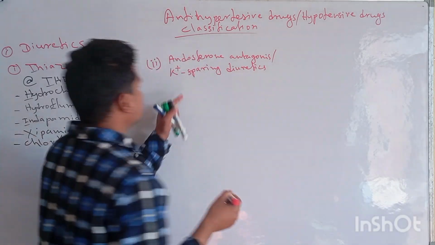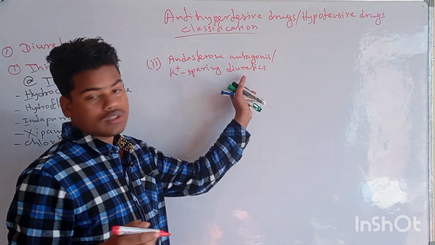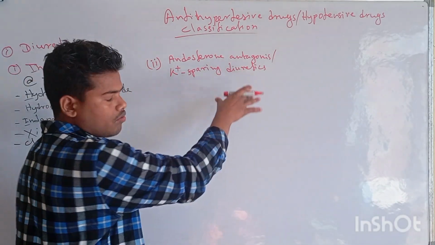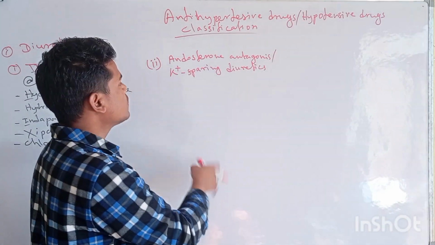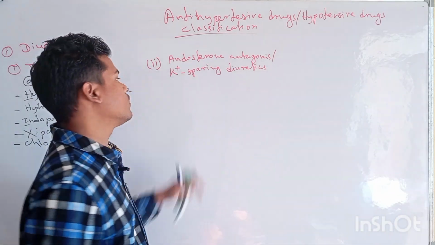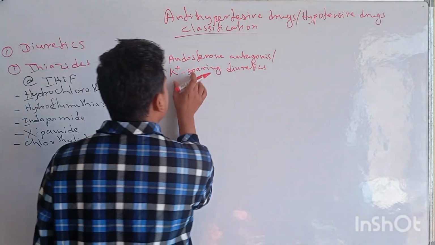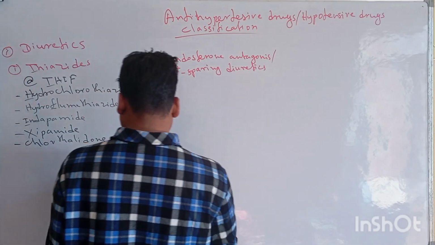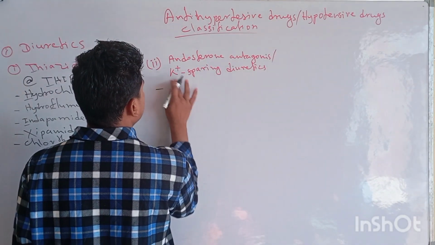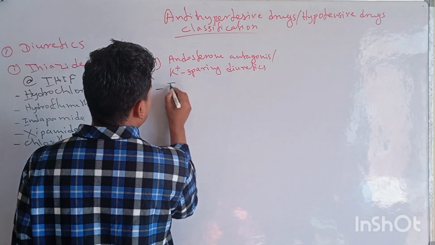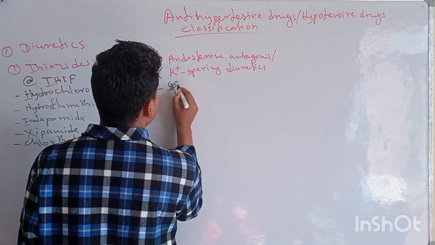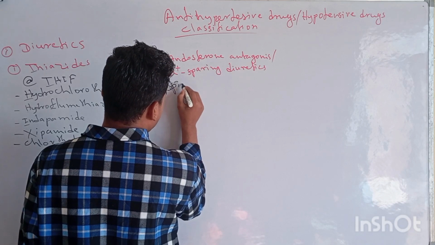Why I wrote this potassium sparing? Because in MCQs they will ask which of the following is an example of potassium sparing diuretics. So I also mention the subtopic here. Examples will be spironolactone, a very important drug.